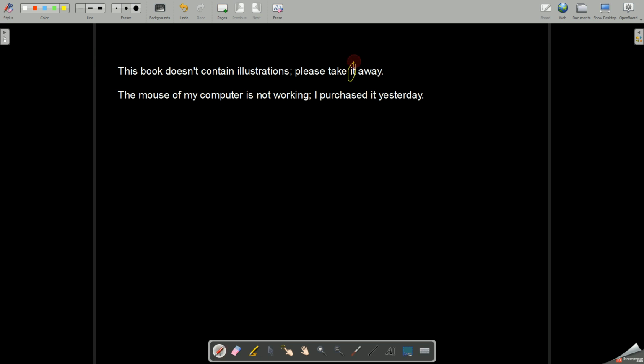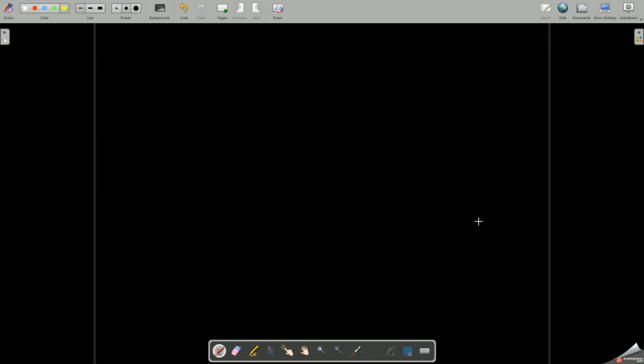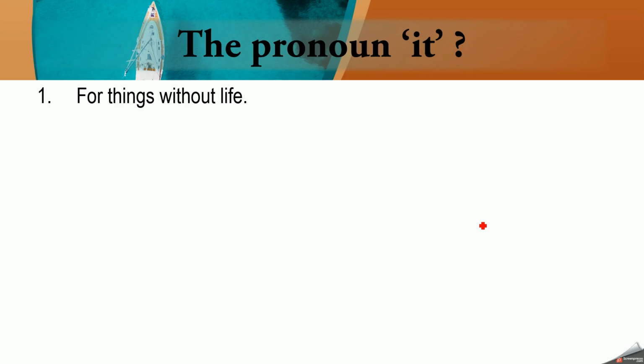So we are referring to it for representing what? Book. The mouse of my computer is not working. I purchased it yesterday. So it refers to the mouse of the computer, that is lifeless things or man-made things. Anything which doesn't have life.